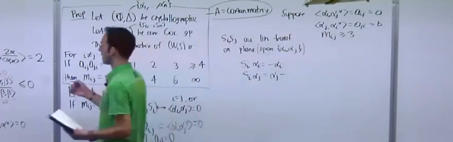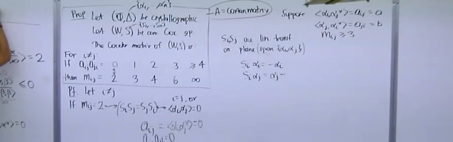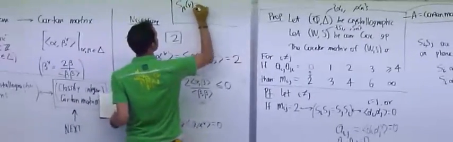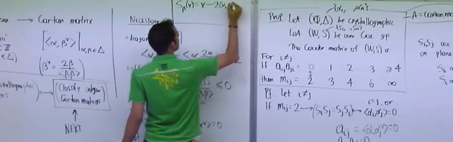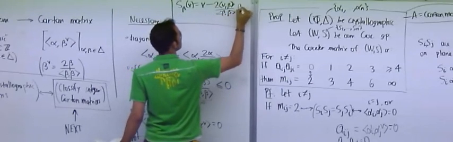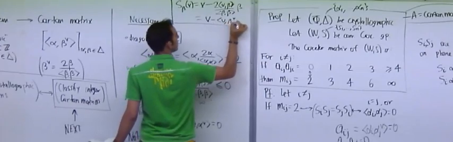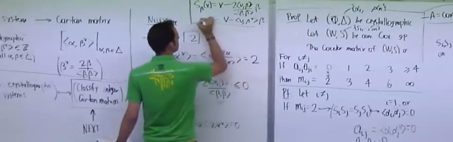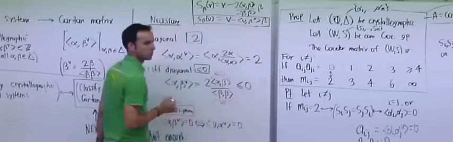maybe let's write this, which will be useful. What does S_beta of v do? Well, this is v minus 2 times (v, beta) over (beta, beta), beta. And so this is the same thing as v minus (v, beta check) beta. Okay.